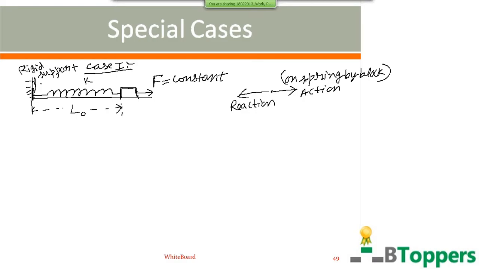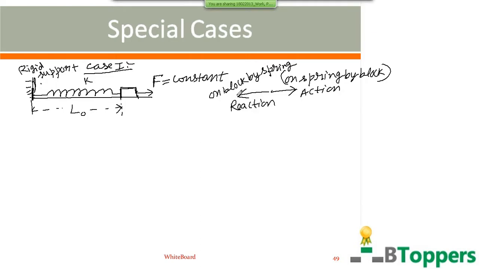Here action is the force exerted on the spring by the block. So reaction will be the force exerted on the block by the spring, which acts towards left side.